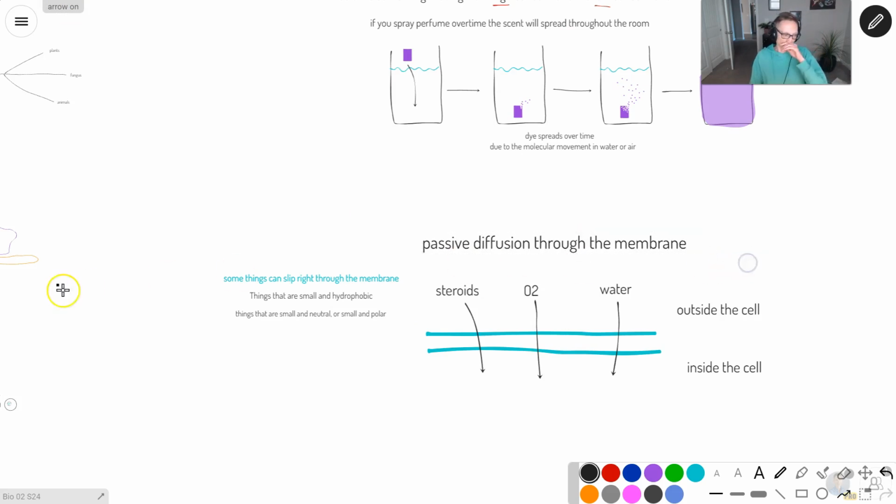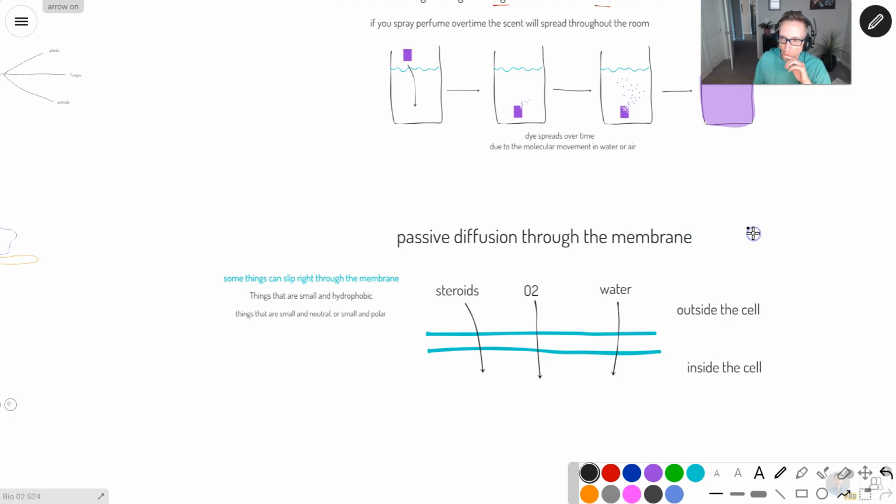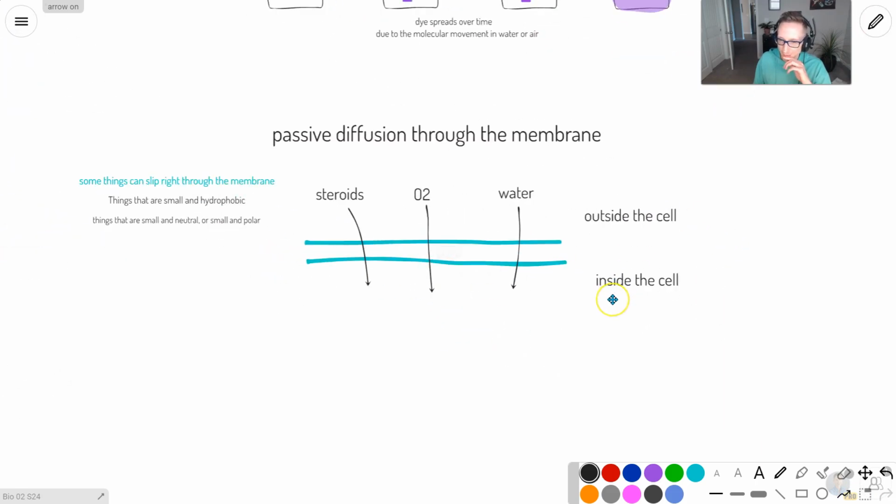Okay? Something that couldn't get through is something large and charged, like a big old protein or a salt ion. These would not get through the membrane. So things like protein, big macromolecules, DNA, ions, these can't get through the membrane.